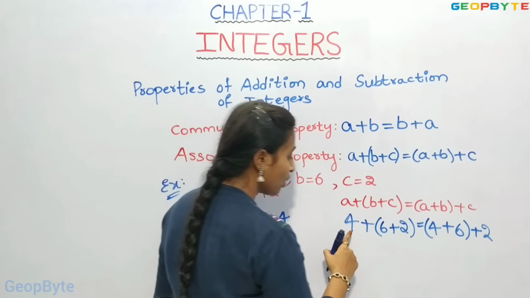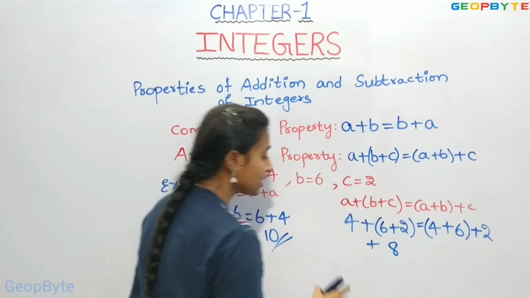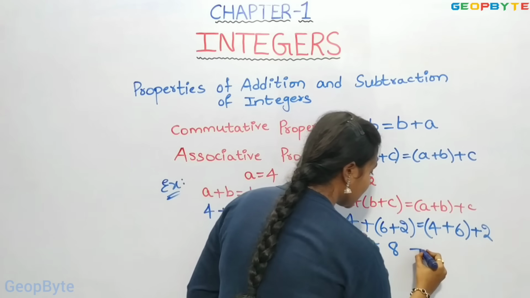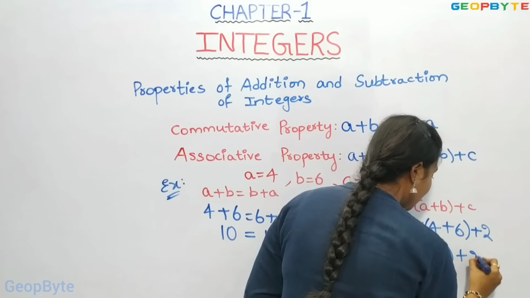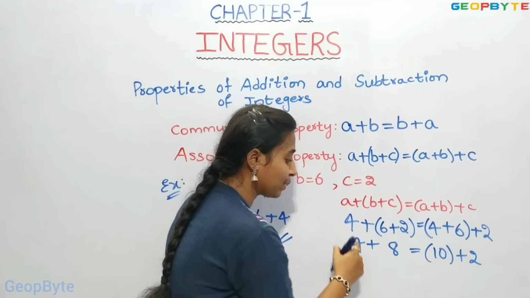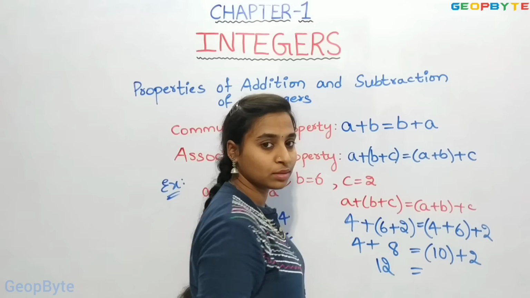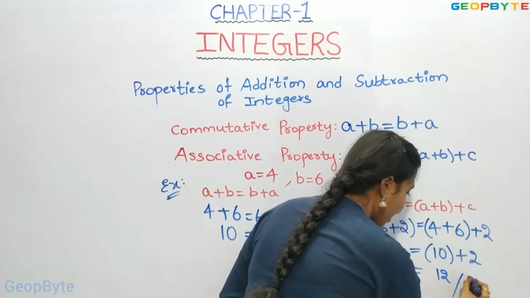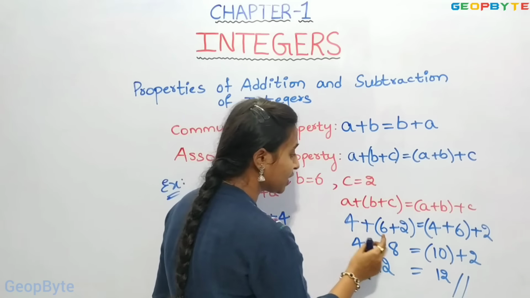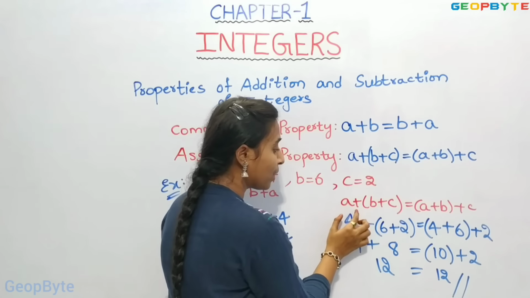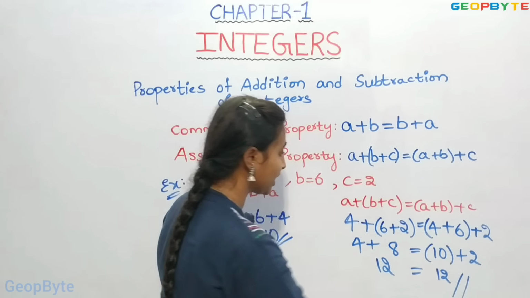Now, let us add: 6 plus 2 is 8, plus we have 4. 8 plus 4 is 12. On the other side, 6 plus 4 is 10, plus 2 is 12. Hence, we proved that LHS is equal to RHS. What may be the condition? Wherever the brackets may be, if the signs are positive, then we'll get the answer LHS is equal to RHS.